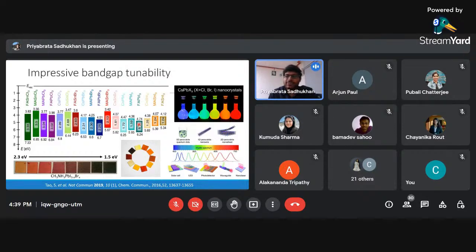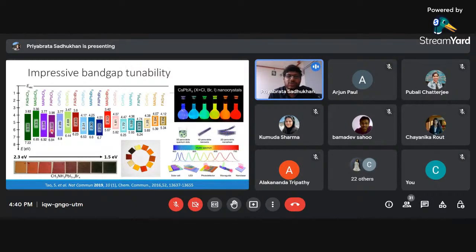And for LEDs, we need different colors. As I have already told you, for different colors, we need different band gaps, because different band gaps mean different wavelengths of light. So if we need a red LED, we can choose something like this one, which has about 2.13 electron volt. If we want a green LED, we can choose something like this CsPbBr3, which emits green.